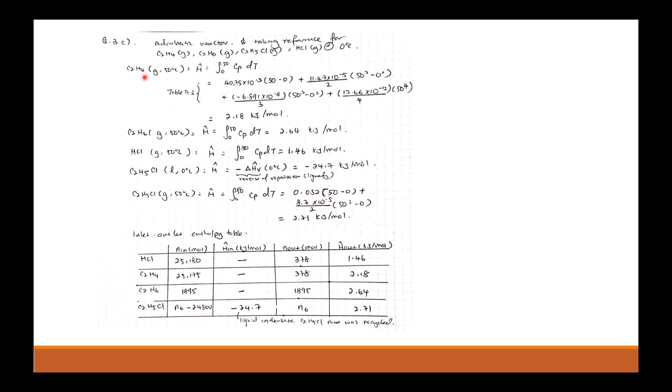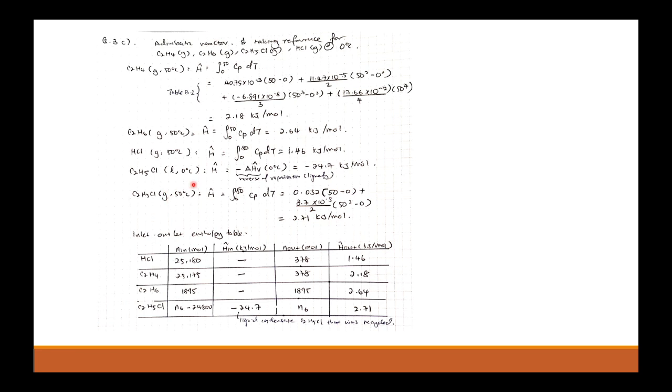So for C2H4, the enthalpy is the latent heat, which we integrated from 50 to 0 degrees Celsius. So from table B.2, we look for our A, B, C, and D. Okay, I'm sure you're familiar. And we found this 2.18. Okay, we do the same for C2H6 and HCl, and these two, one at the liquid phase and one at the gaseous phase.